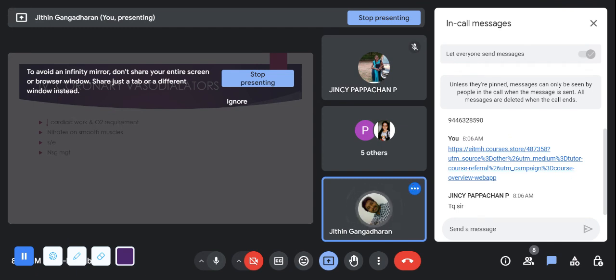What is the drug? It is our nitrates, isosorbide dinitrate, the drug which we keep under the tongue. It's a sublingual drug. So what happens when we take this drug? It will dilate the coronary arteries.